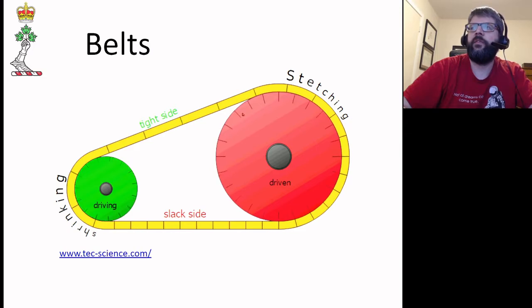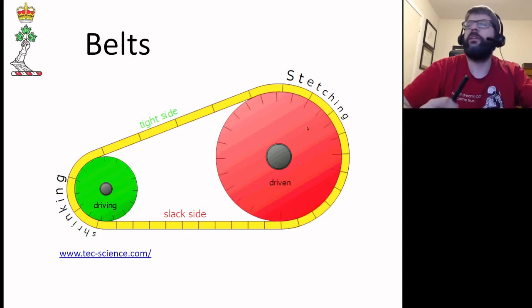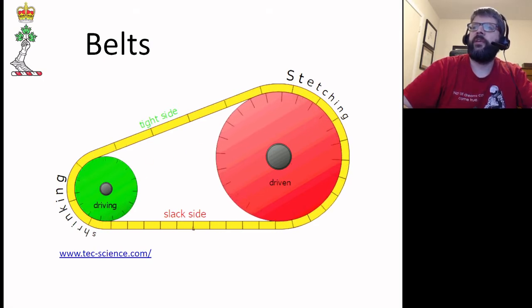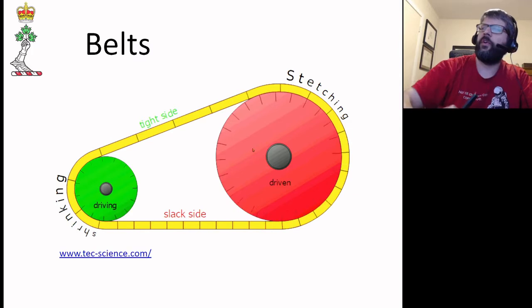you've got your driven element on the right here. You've got your driving element here. So we've got a tight side and a slack side. Basically, the slack side goes over to the driven element, and it starts to stretch out as it gets pulled over.